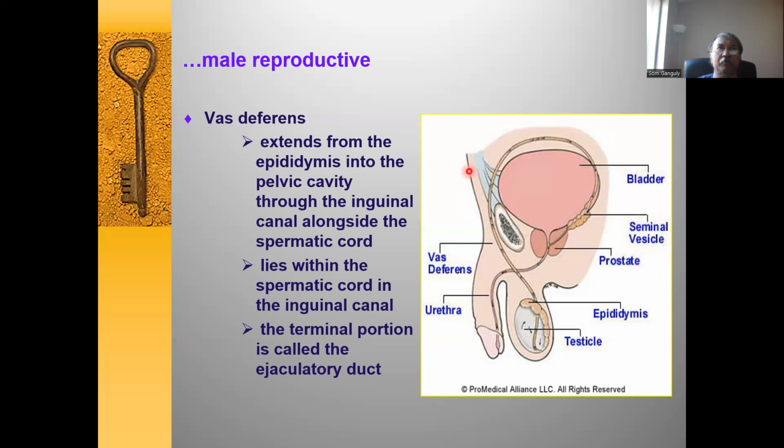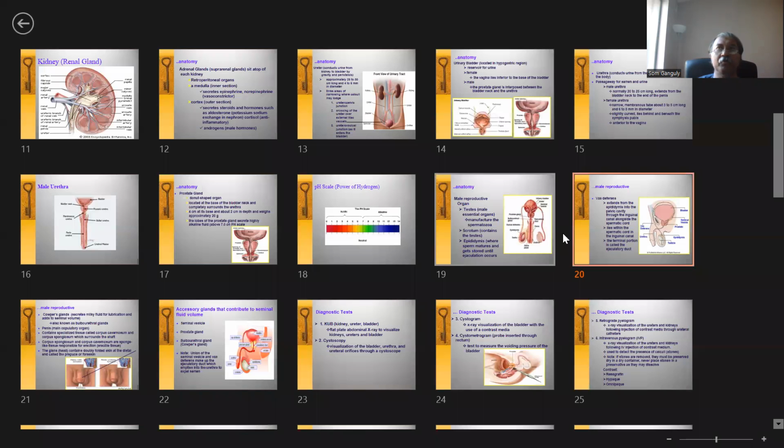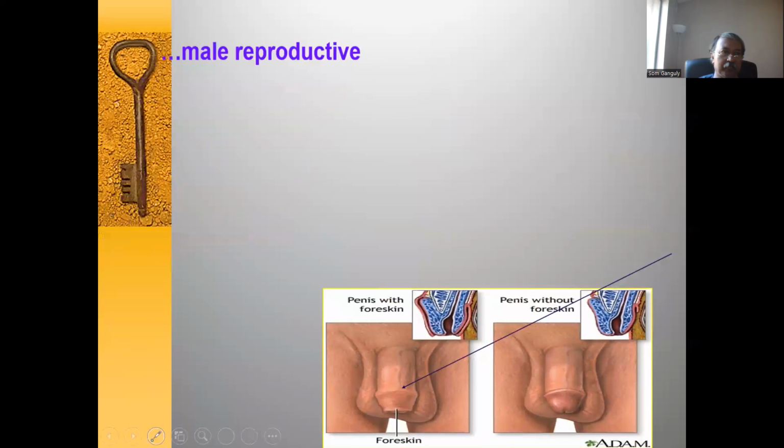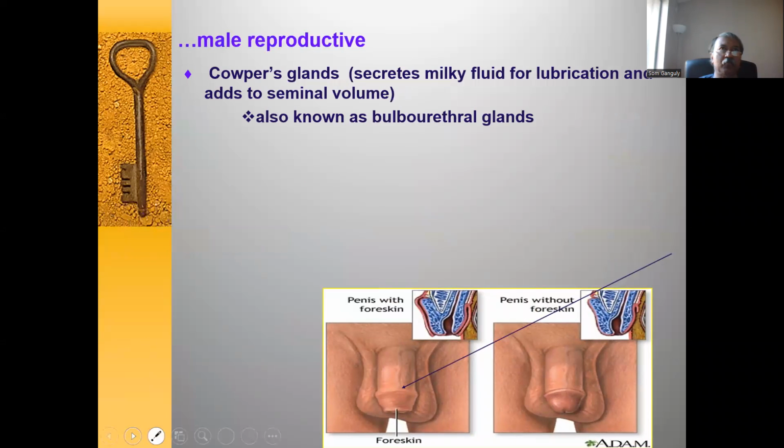So we will talk about that. For the time being, we just need to know how these male reproductive organs function.